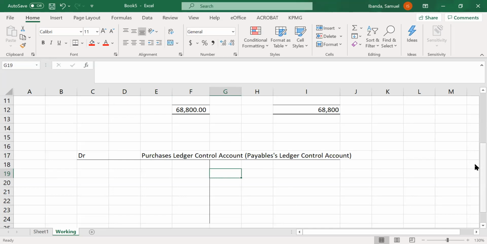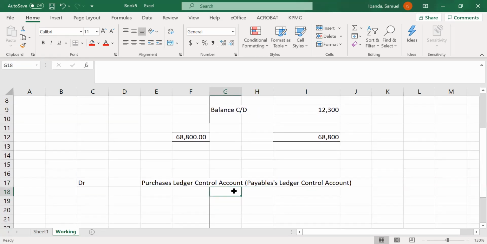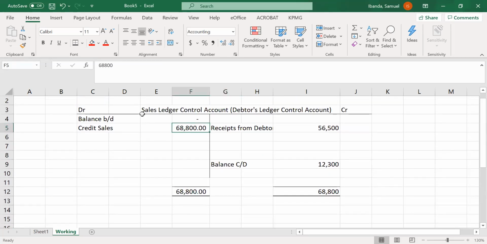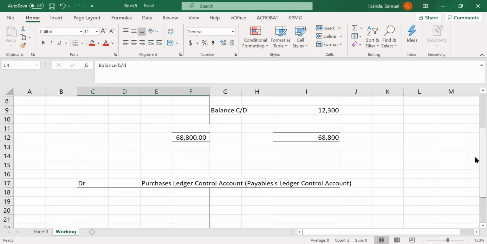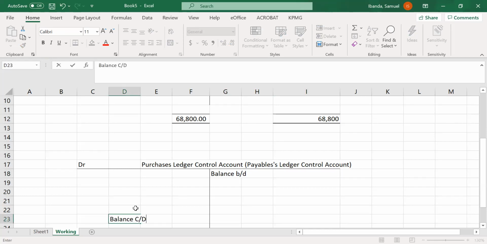When you came to receivables or our debtors, our balance brought down was on this side because these are assets. Now, in this case, these are payables, so our balance brought down is actually on this side, and balance carried down is on this side in small letters.